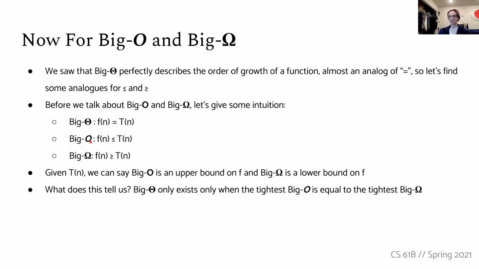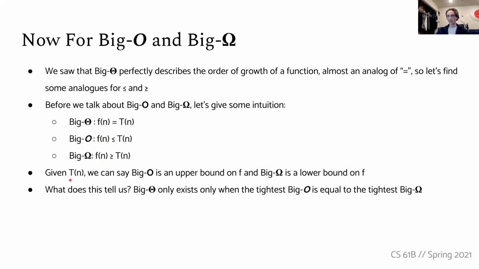Well, for big O, we say that the growth of f of n is less than or equal to some time complexity function t of n. And for big omega, we say the opposite. Big omega implies that the growth of our function f of n is going to be greater than or equal to some time complexity function t of n.